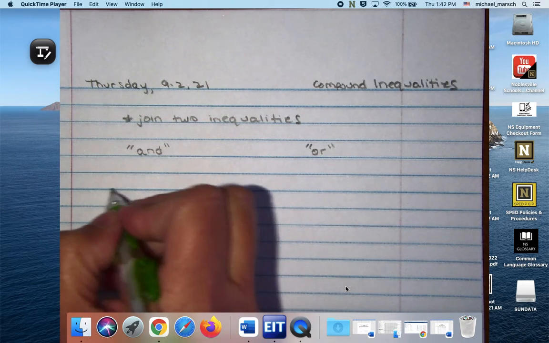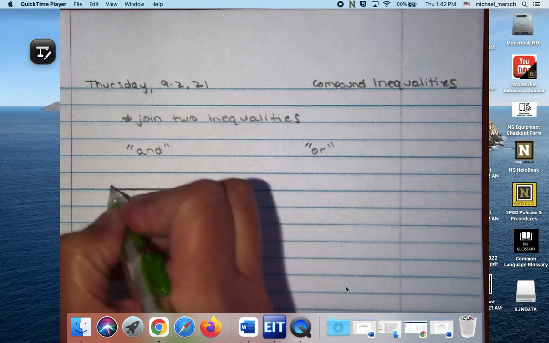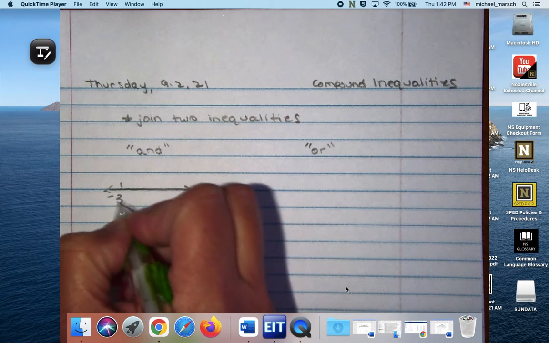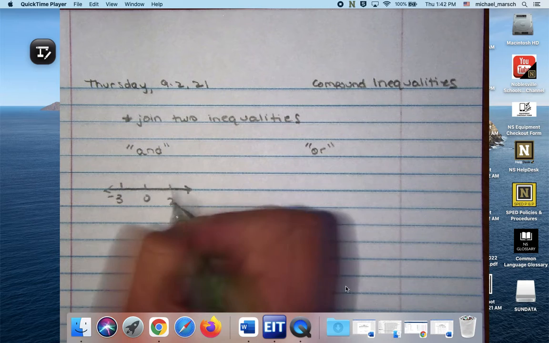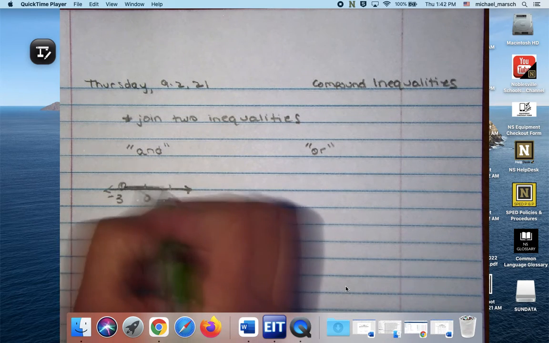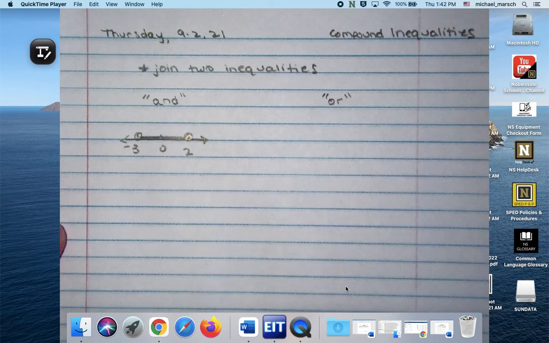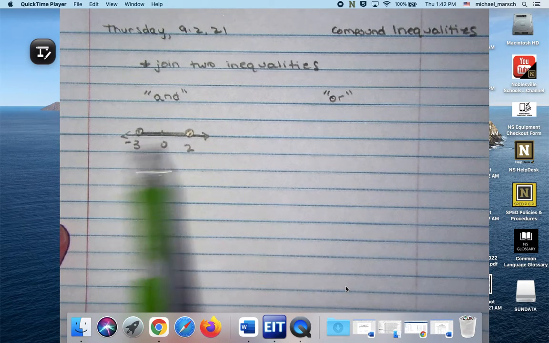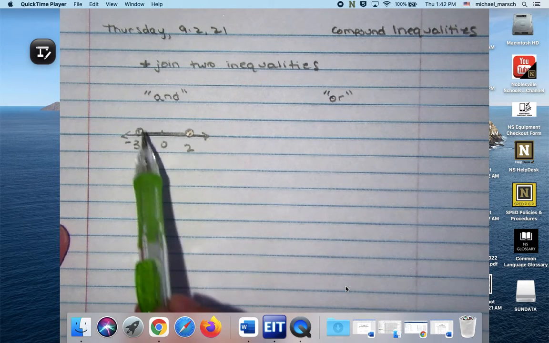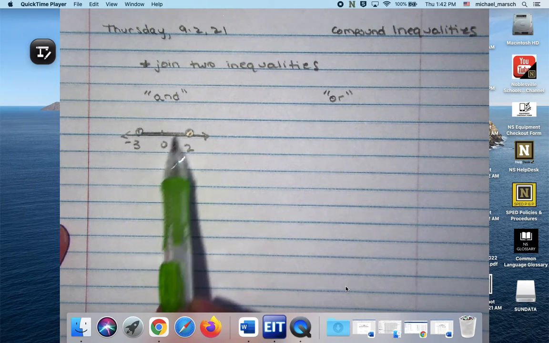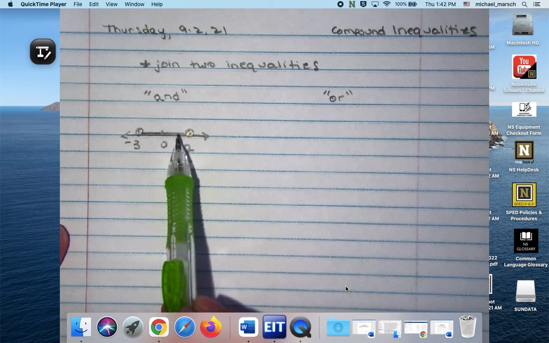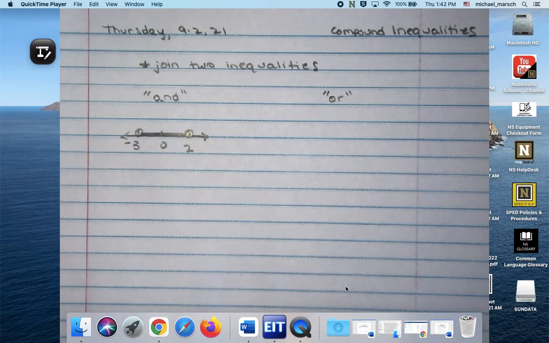So an and inequality, when you graph it, would be something like this, where we kind of talked about this a little bit at the end of one of our days of notes, where the two values connect, and this is where all the possible answers could be, between this and that. That's the and compound inequality.